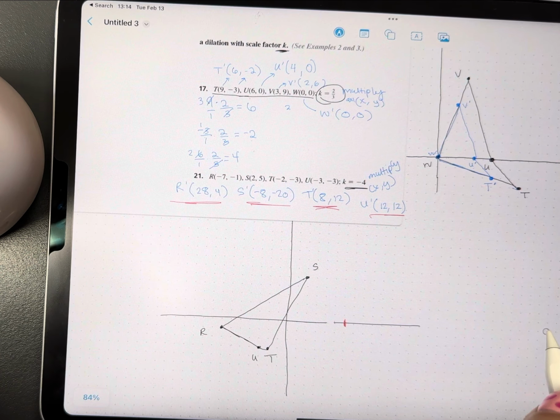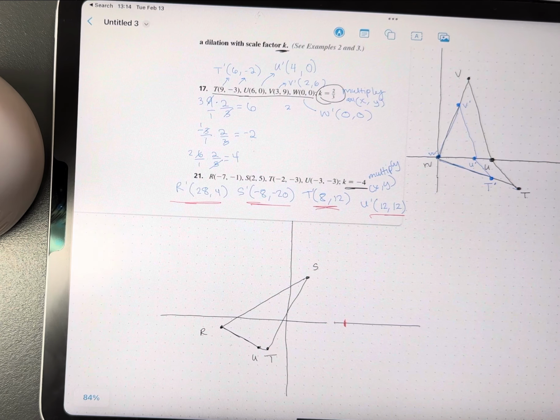Over here. 28. And we'll go to 4. 1, 2, 3, 4. Okay, so here's R prime.